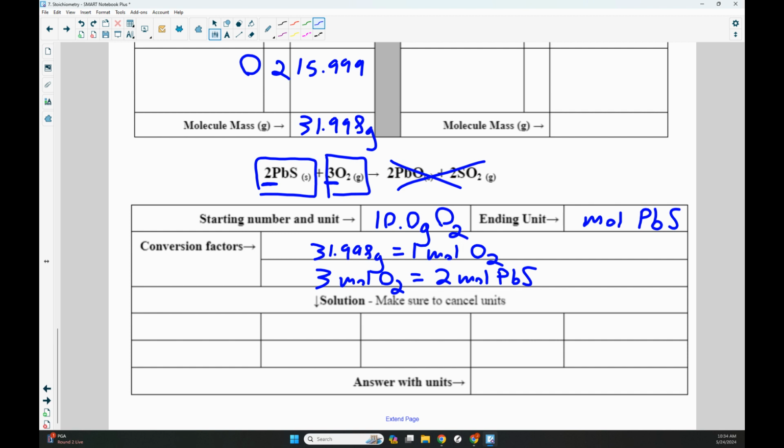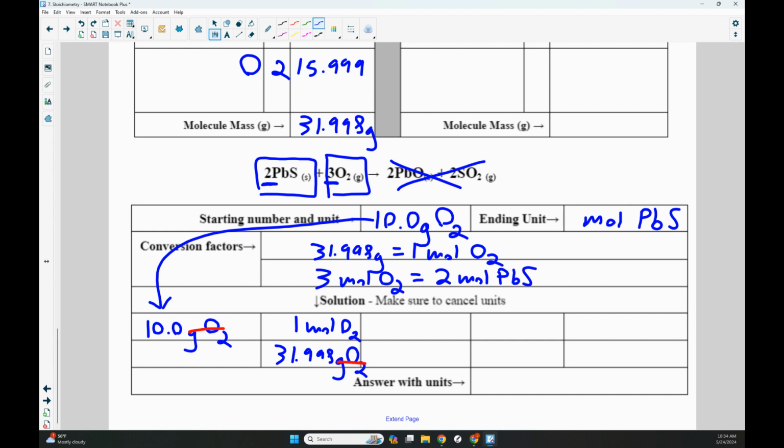And now I'm ready to plug things into the train tracks down here. So as always, my starting number goes down here. And again, I'm going to go in sequence. So my first step is to convert from grams to moles of oxygen. So I'm going to put 31.998 grams down here. That's grams of O2. That's equal to 1 mole of O2. This allows me to cancel out grams of O2.